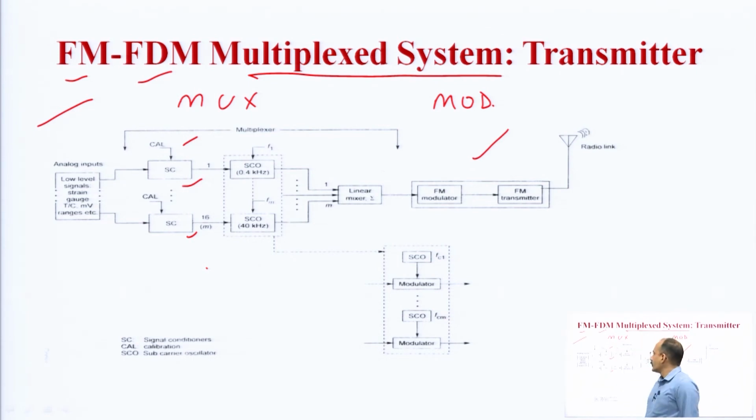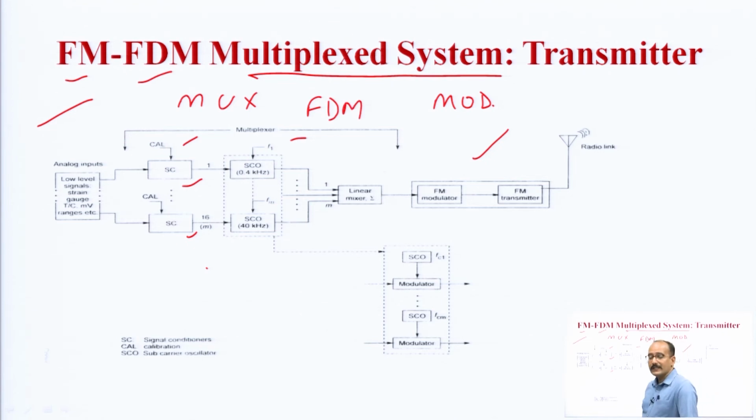So, you can see there we have a 16 channel input system in which we have 16 sensor inputs. For each sensor we have a signal conditioner. Now, you are going to apply the multiplexing technique here, and you are using frequency division multiplexing.